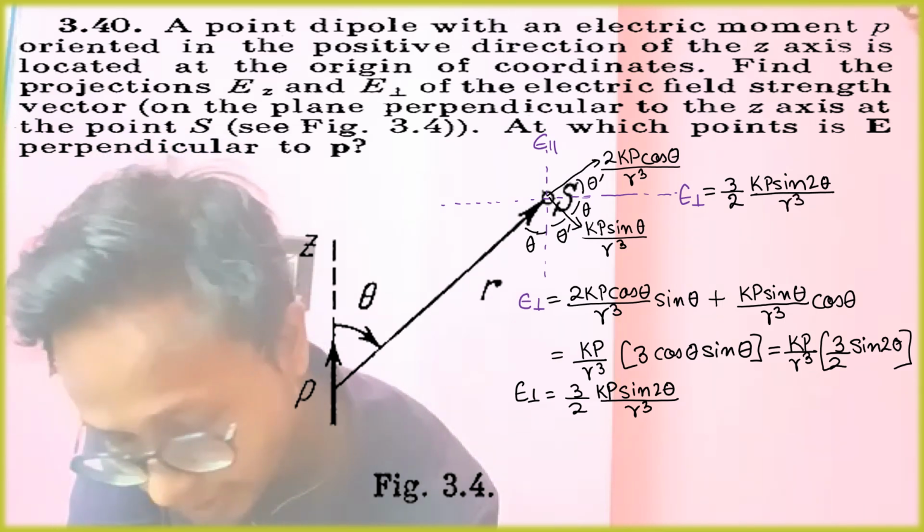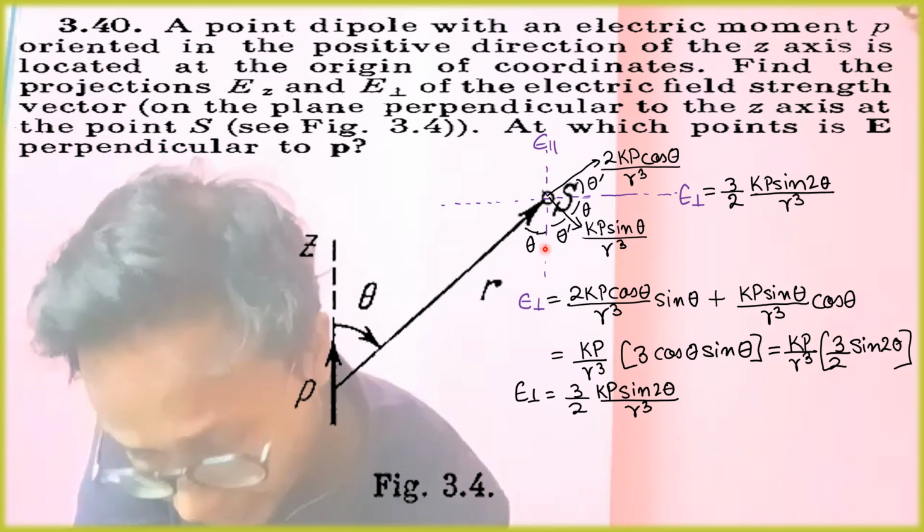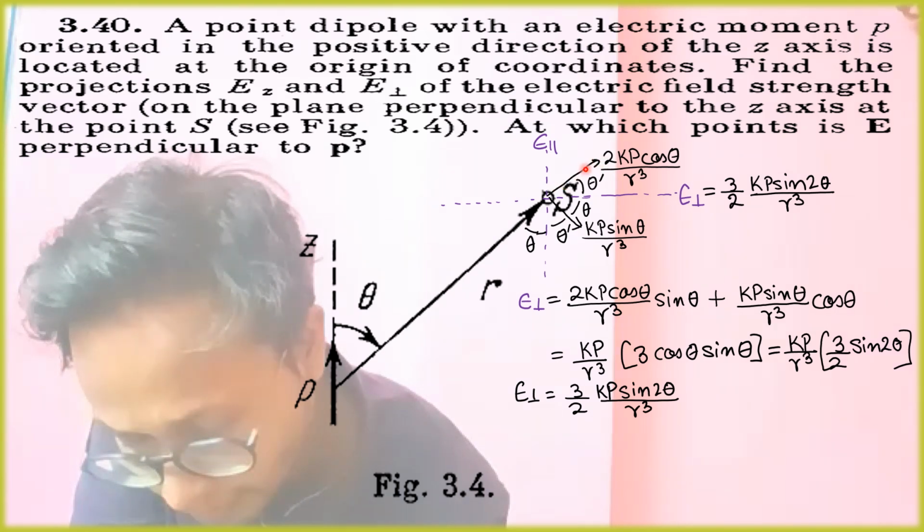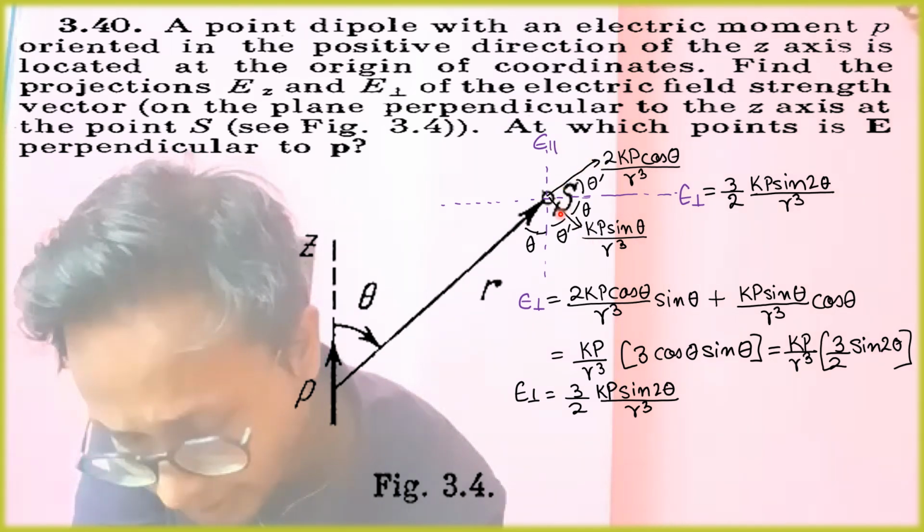Similarly, what is the electric field at this axis or this line? It is nothing but the component of this vector along this line minus the component of this vector along this line.